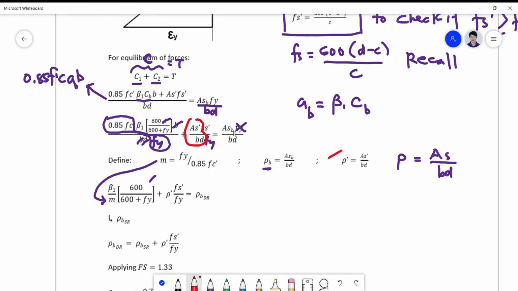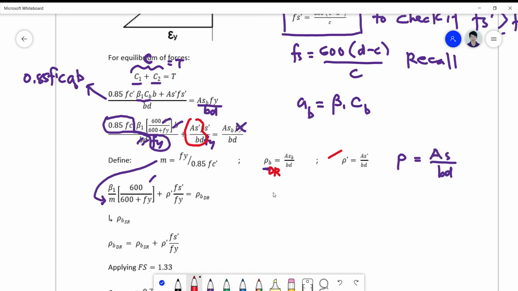And notice that AS balance over bd is the original, this is now the reinforcement ratio of your double reinforced beam. No? So this is rho b is ASb over bd, but then since this is a double reinforced beam, we just add the double reinforced term here.